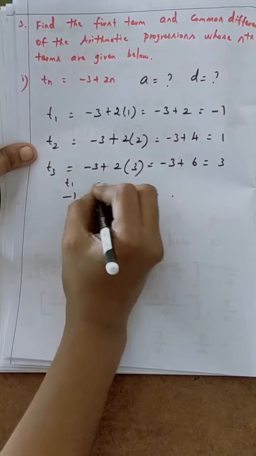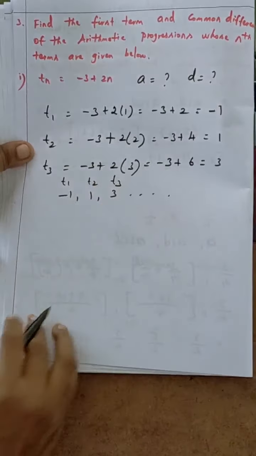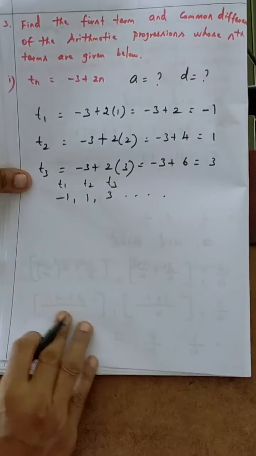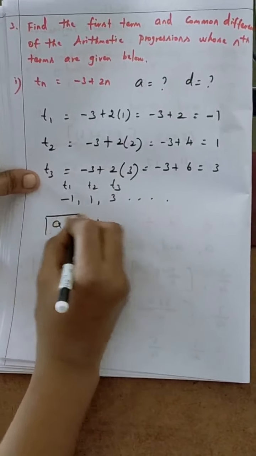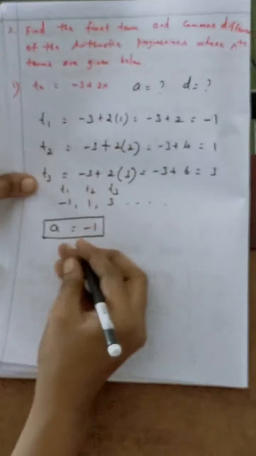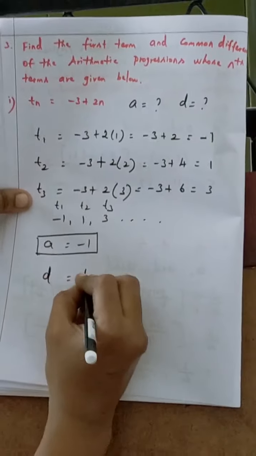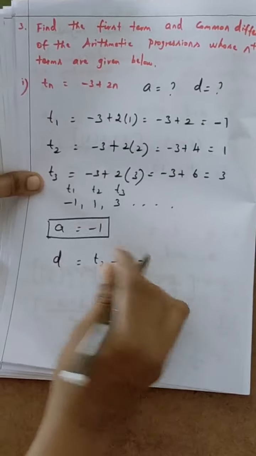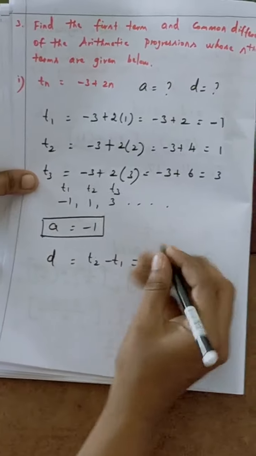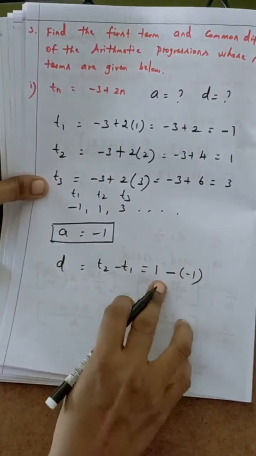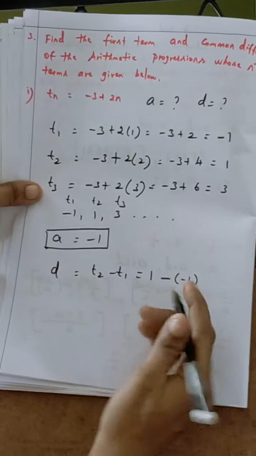So this one is T1, T2, T3. What is the first term? A equal to minus 1. That one is the first term. And then find D equal to T2 minus T1. First of all, check the answer. T2 is 1 minus T1 is minus 1. Minus into minus changes the sign, it is plus 1 only.